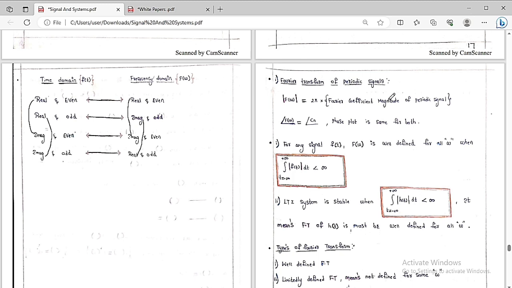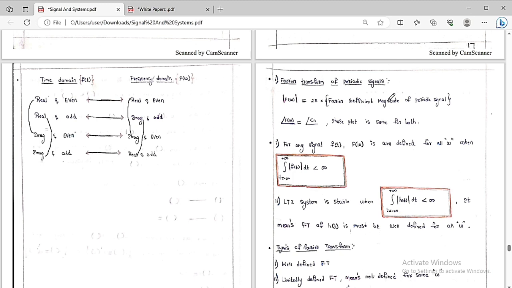Whatever the magnitude of the Fourier series coefficient is, you multiply by 2 pi to get the magnitude of the Fourier transform.